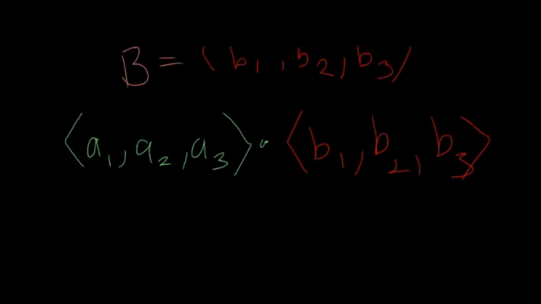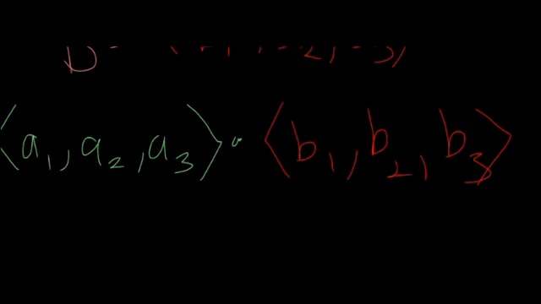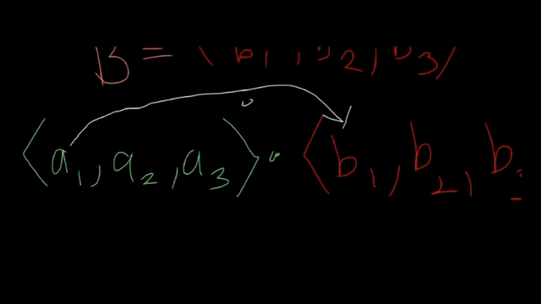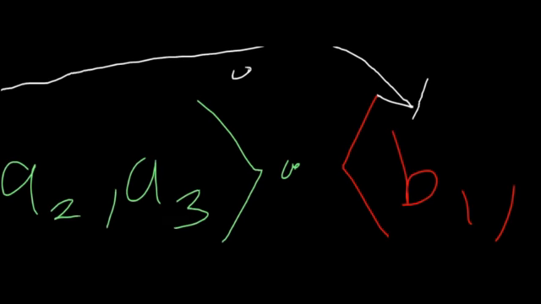Now how do you take the product of this? You multiply the first component of the first vector with the first component of the second vector. So essentially you multiply these two. Well, not cross, let's say dot instead, just so it's not confusing.